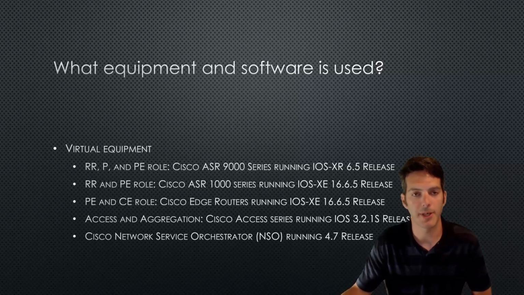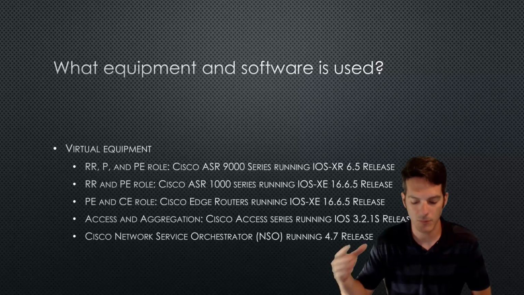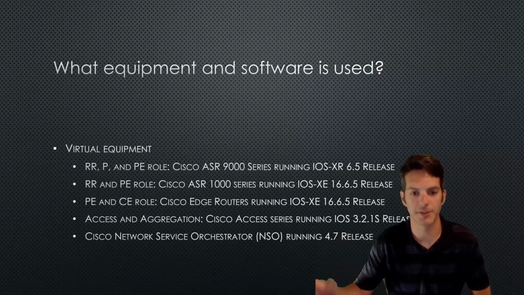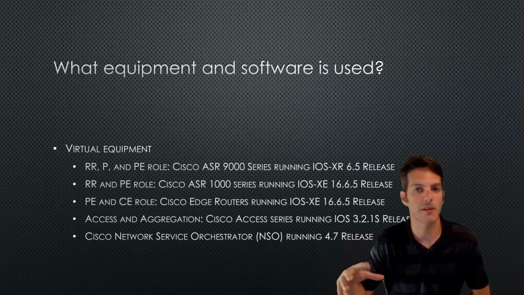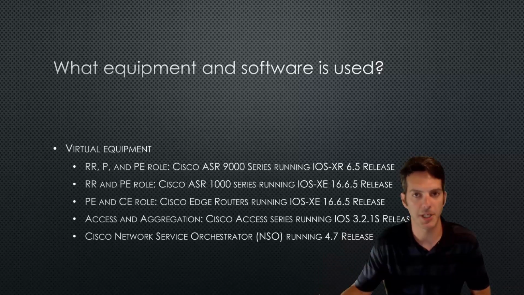So I'll be spinning up like, I don't know, 2 or 3 XRV 9K boxes in VIRL, and maybe 1 or 2, what do you call it, CSR 1000Vs running 16.6 code, and playing around with some basic implementations of that.